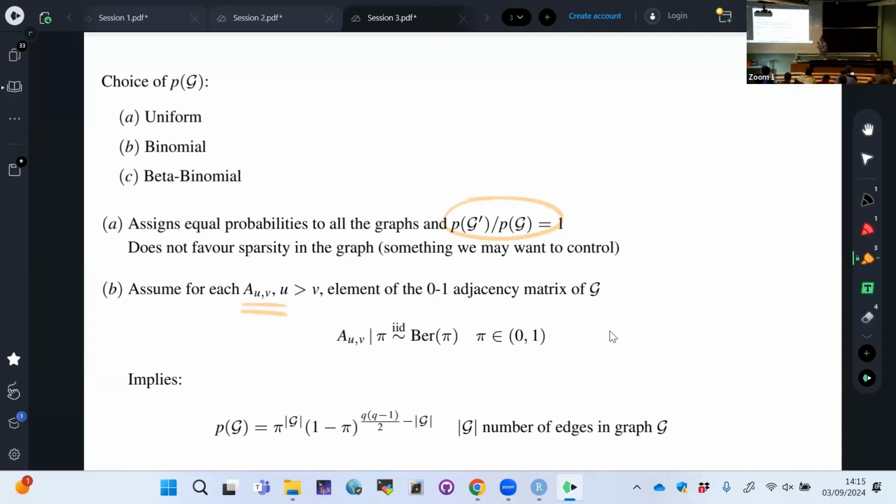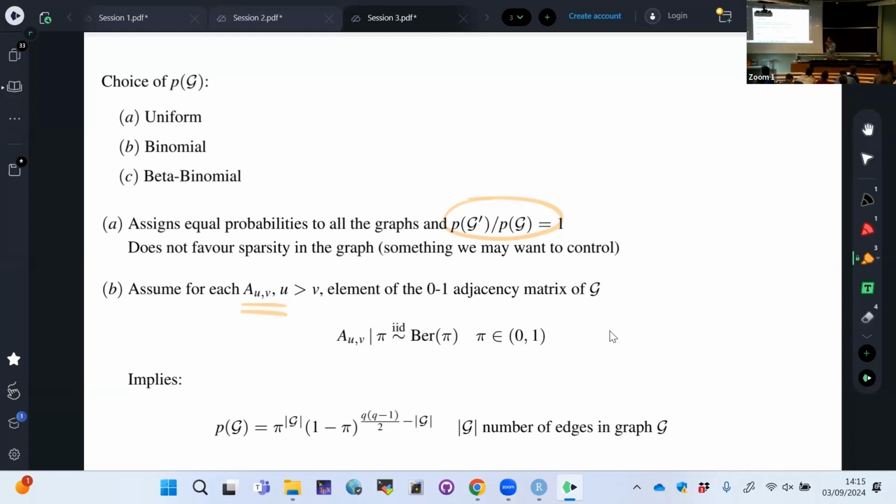Since the elements are 0, 1, it makes sense to assign Bernoulli distributions to this collection of 0, 1 elements. So I will assume that the components of this adjacency matrix are Bernoulli distributed with probability pi, where pi is a prior probability of edge inclusion.